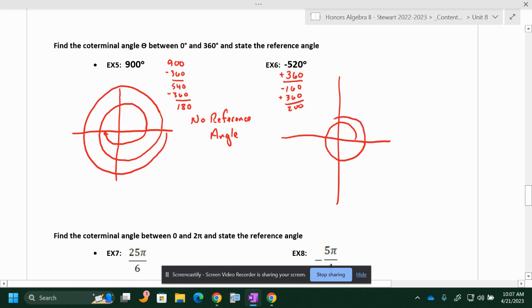This is 90, 180, and 200 is here. And since this is past 180, my reference angle is just going to be the smaller measure, so it'll be 20 degrees.